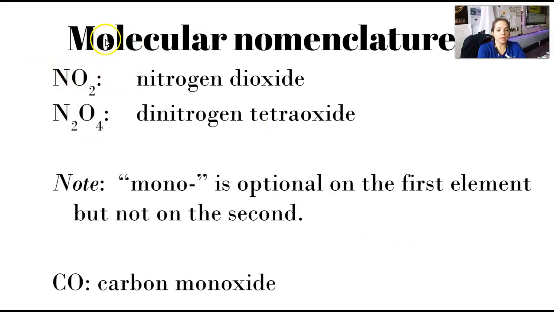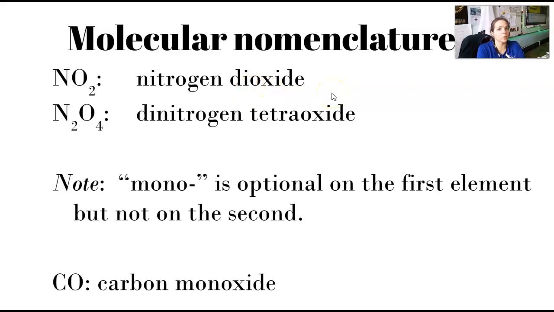So looking back at those, the stock name, nitrogen(IV) oxide, would not work out really well, so we're going to use the traditional system. Looking at the first, there's only one nitrogen, so you just say nitrogen. Two oxygens, dioxide.